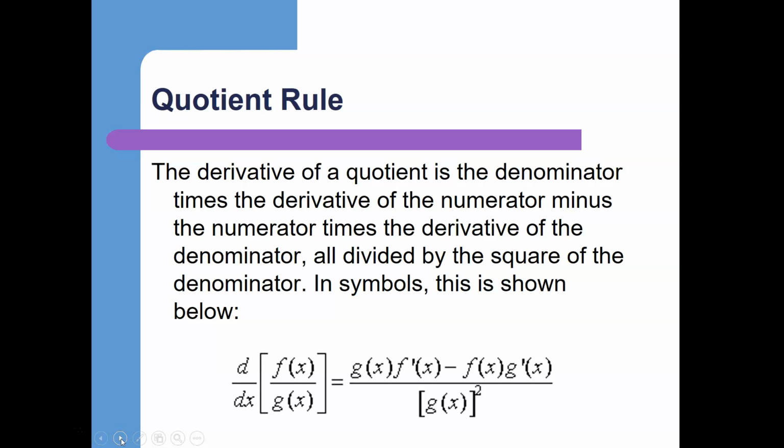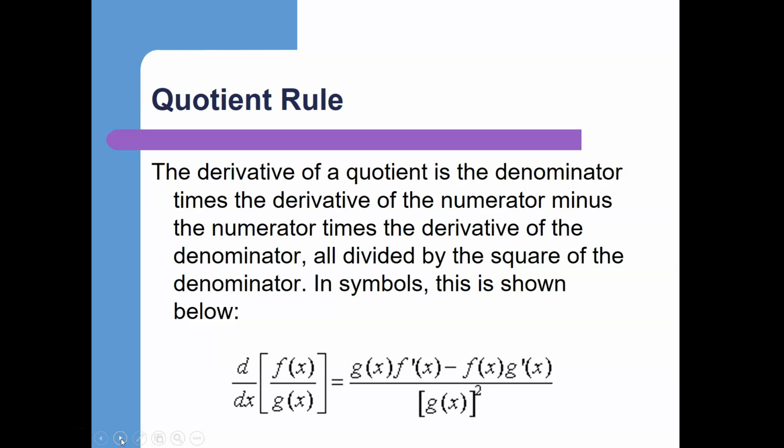So the quotient rule says that if you have f divided by g, then the derivative is equal to g times f prime minus f times g prime, all over g squared.